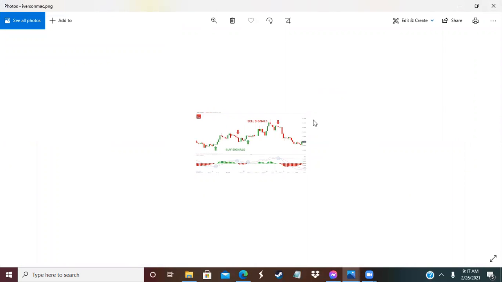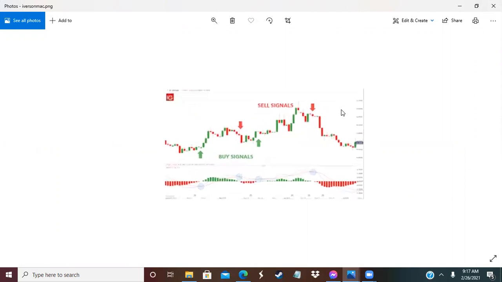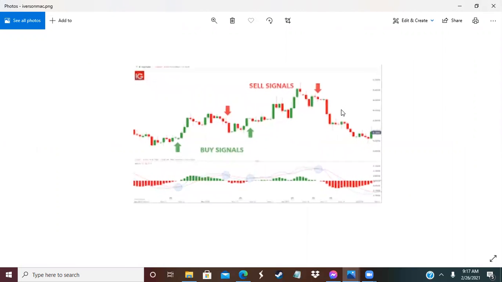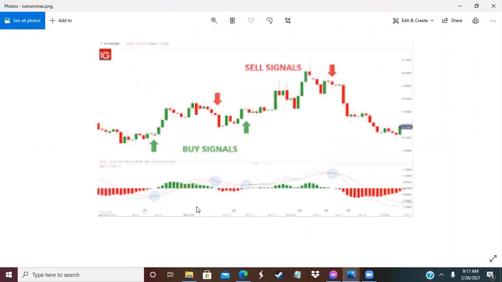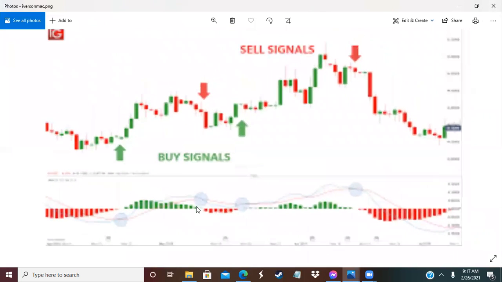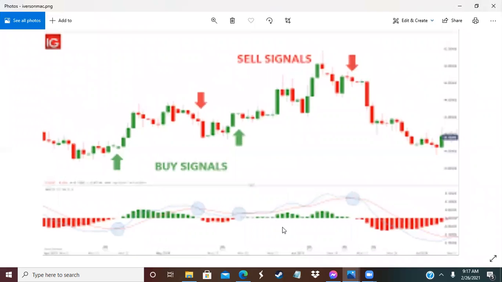This is a picture of the MACD. I'm going to blow it up so that you guys get a good look at it. This is the MACD indicator here. And what we're going to be talking about right now is the MACD crossover strategy.